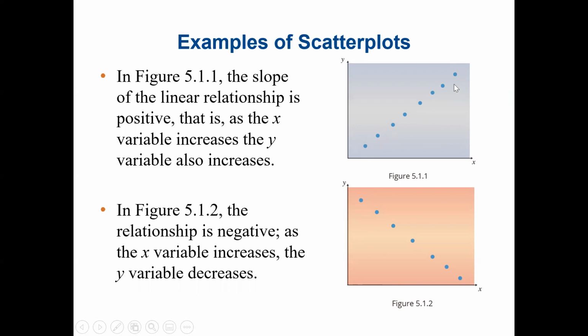When X increases and Y increases, it will be positive because when X increases, Y also increases. The second one, the slope of the value will be negative, or we'll say the relationship is negative. Why? Because when X increases, Y decreases. And we are going to determine this by using the correlation coefficient value.